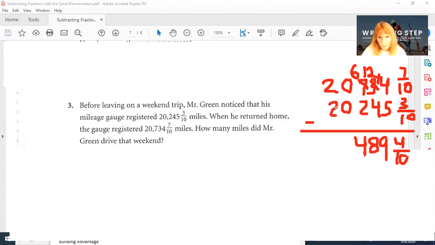So I can divide the top and the bottom by 2. And I'm going to put my answer in a different spot because I ran out of screen space here. So the total answer then is 489 and 2/5. How many miles did he drive that weekend? He drove 489 and 2/5 miles, right?